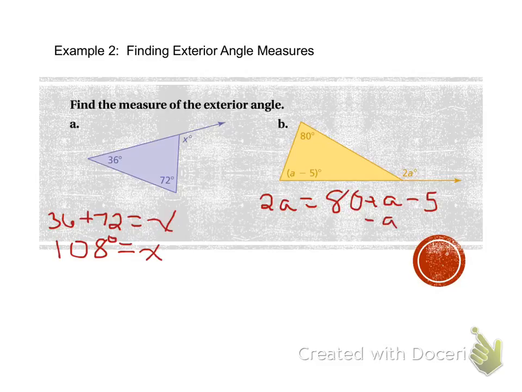So we're going to subtract a to get a by itself. So we've got a over here. 80 minus 5 is 75. So we know that a is 75. But remember, the measure of the exterior angle is actually 2a. So this measure right here is actually going to be 150 degrees, or 75 times 2.